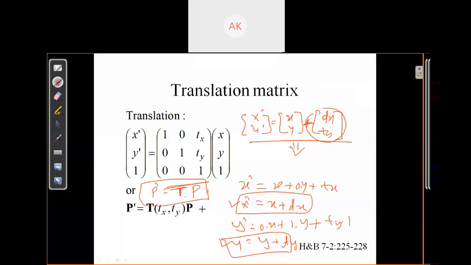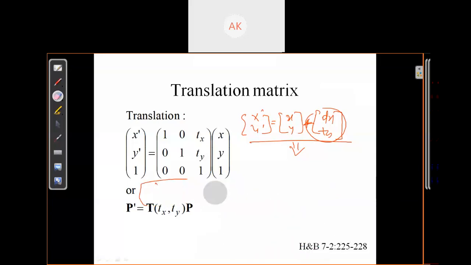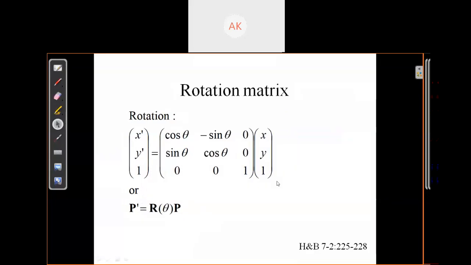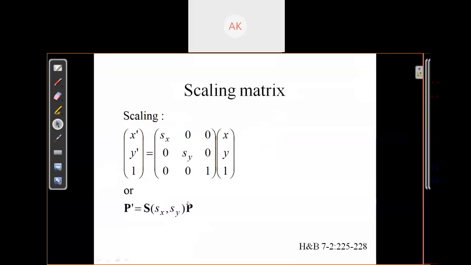In the same way, you can write the equations for rotation and scaling in this multiplicative form. As you can see here, R is multiplied with P, your original coordinates, and you can write this equation in this form. So all these three equations have the same form, P dash equals some matrix M into your original coordinates.